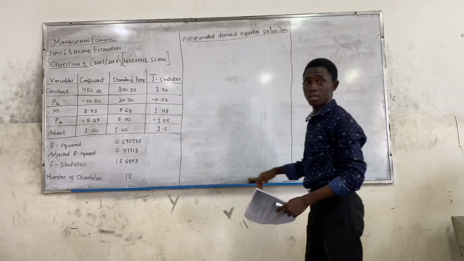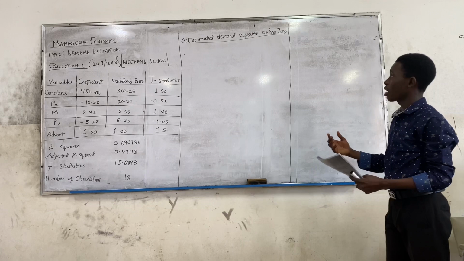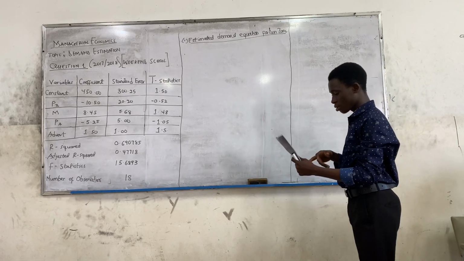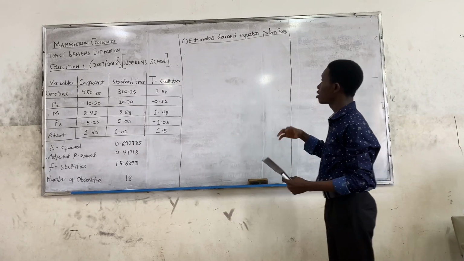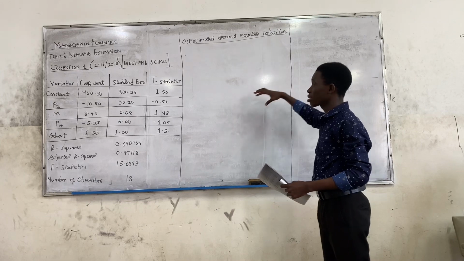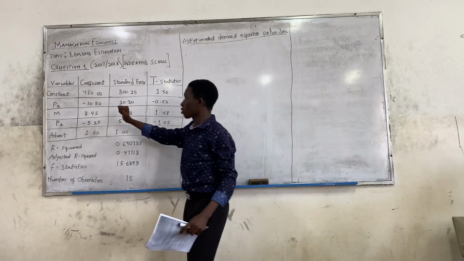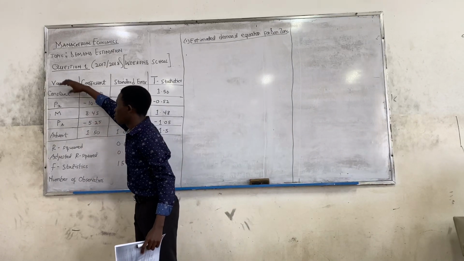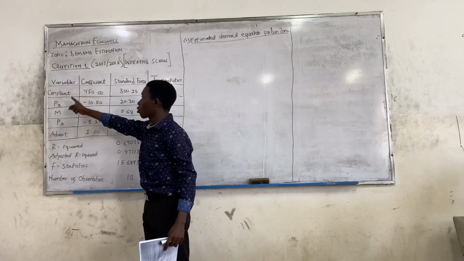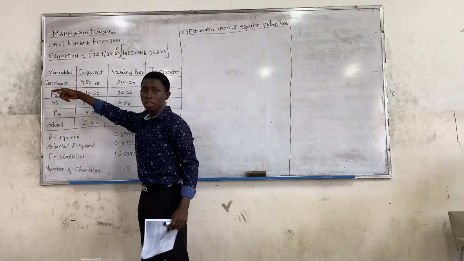The question is asking you to write the estimated demand equation for Donzano. So this is how we form the demand estimation. We know another name for constant is intercept. And constant stands for beta naught.